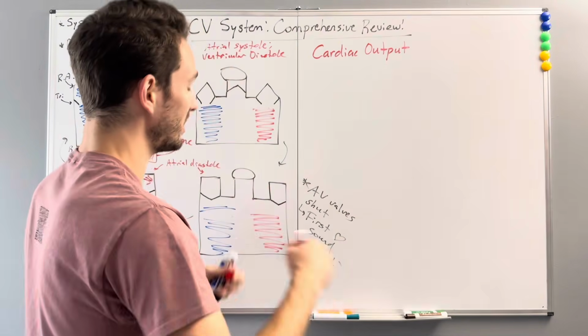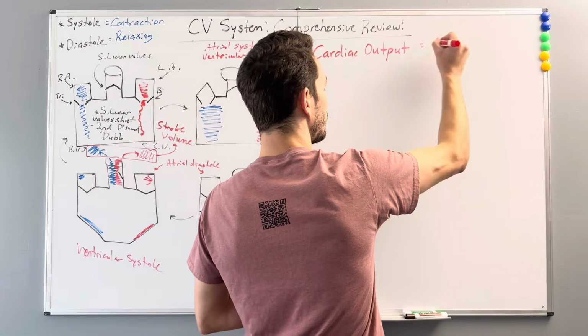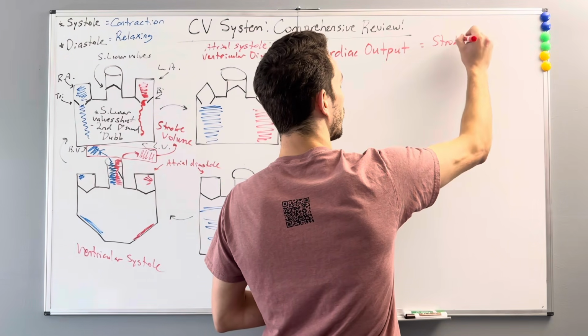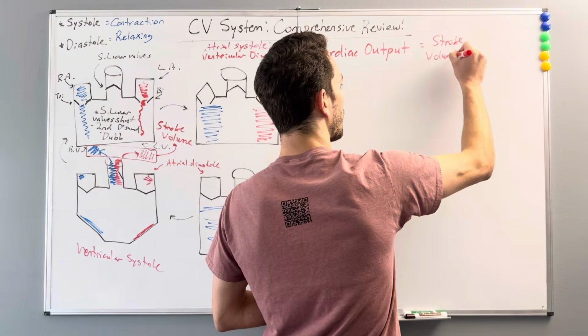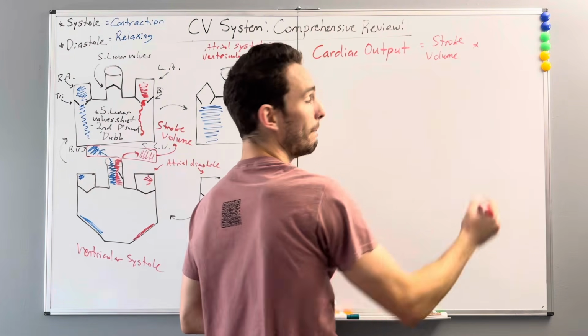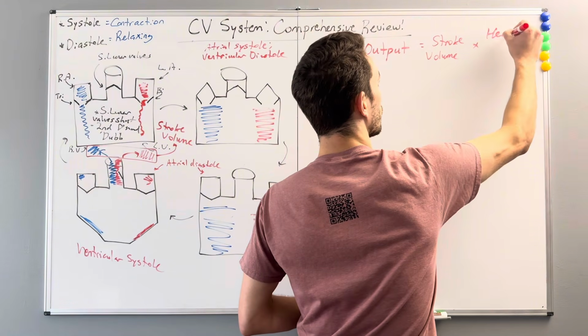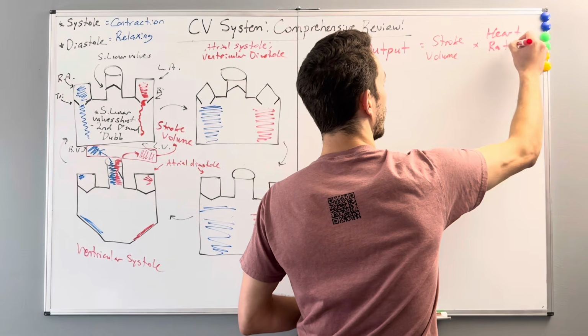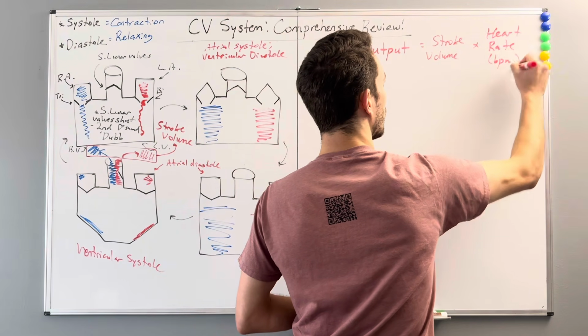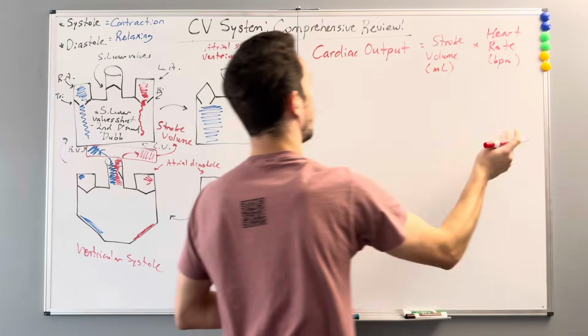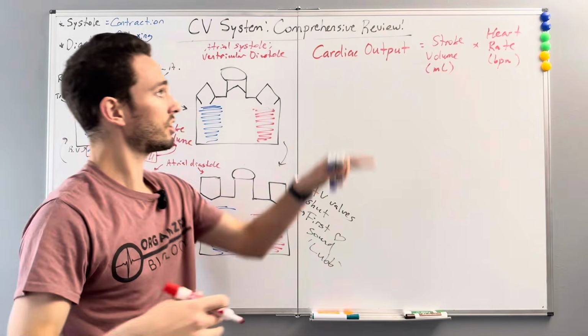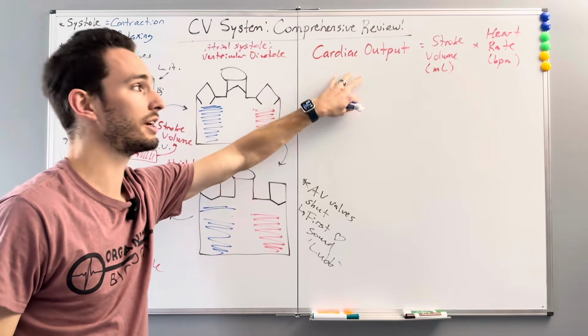So interestingly, if we take that stroke volume and multiply it by the amount of beats your heart makes a minute, which is called your heart rate, in beats per minute, we get something called cardiac output, which is the total amount of blood leaving the heart every minute.